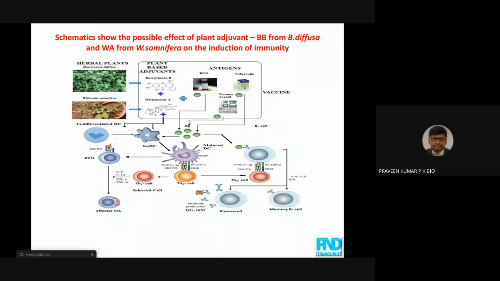This is done by depositing the docking data of plant molecules with respect to surface receptors of dendritic cells, and it is, of course, a part of my PhD research. I majorly worked with two plant molecules, Pyronon B from Boerhavia diffusa and Withanolide A from Withania somnifera. These molecules triggered differentiation of immature dendritic cells from monocytes, and they can also mature the dendritic cells.